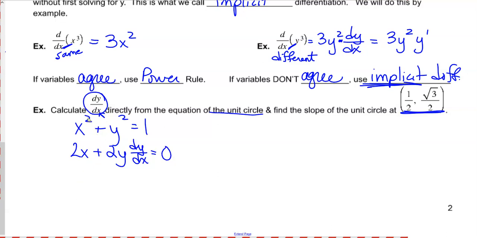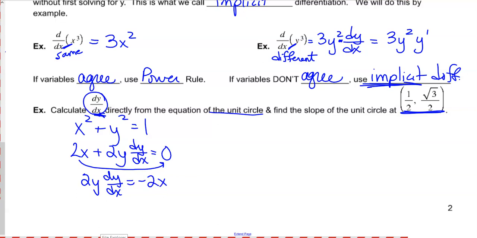So at this point, if I'm saying to calculate what dy over dx is, now I have an equation with dy over dx in it. I can solve for dy over dx, and that would be what it's equal to. So in order to get this by itself, with it being two terms that are added, I'm first going to subtract over this term. And I get 2y times dy over dx is equal to a negative 2x.